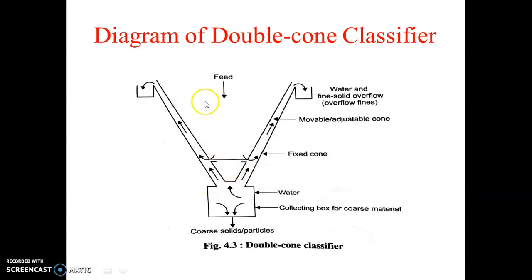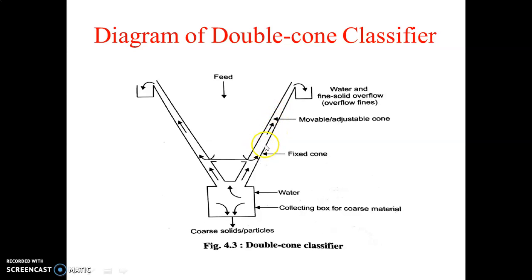In this area the feed and water are mixed and they flow through the annular space between the two cones. This is called the annular space, and the classification occurs in the annular space.